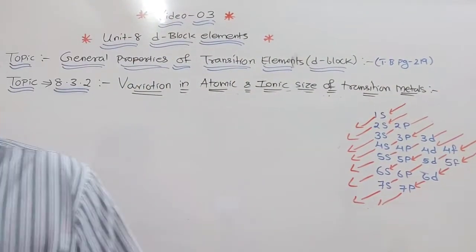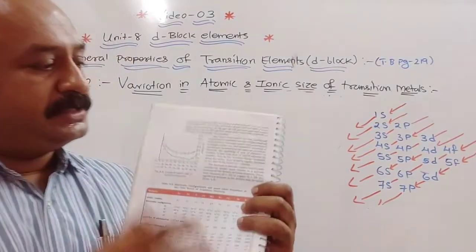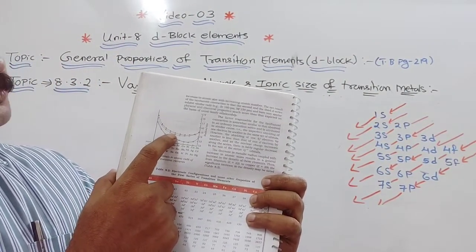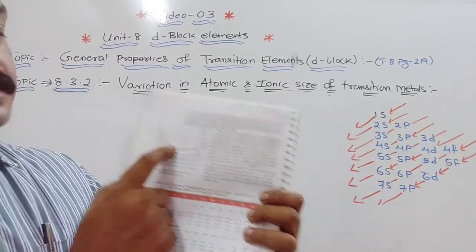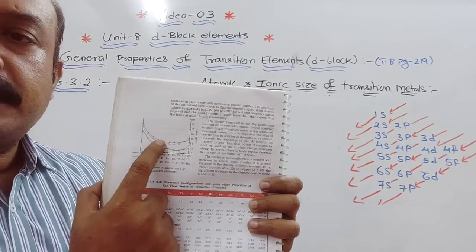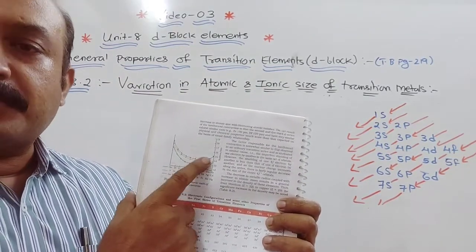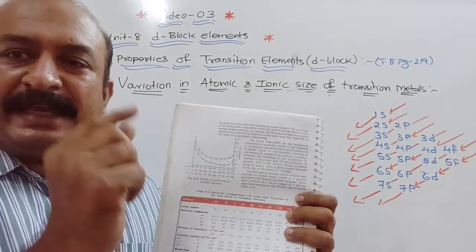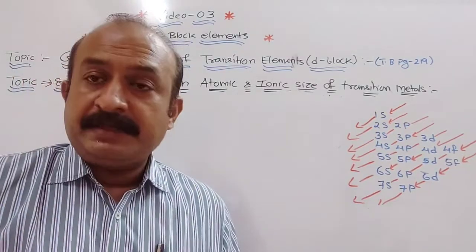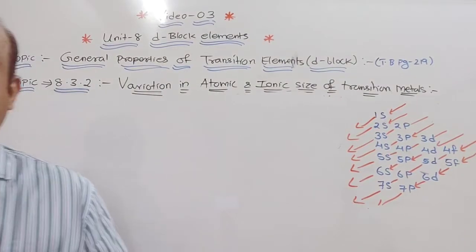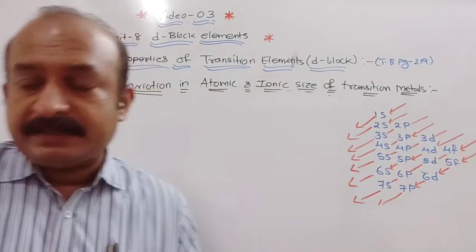Now when we see this table, you can see the graph here. The second transition series is the blue color, and the third transition series is the red or orange color. Their atomic radii are nearly the same, as measured in picometers, given there. Understood? Now what is the reason?